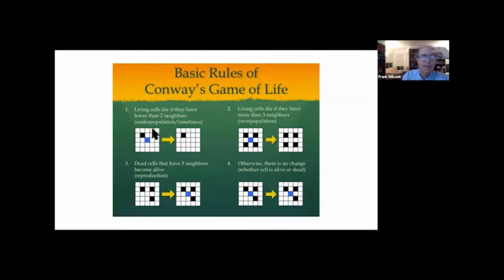It's a game that's played on a computer with a grid that's just a planar arrangement, like a checkerboard of many, many squares, some of which are active or alive, we say, and some of which are inactive.